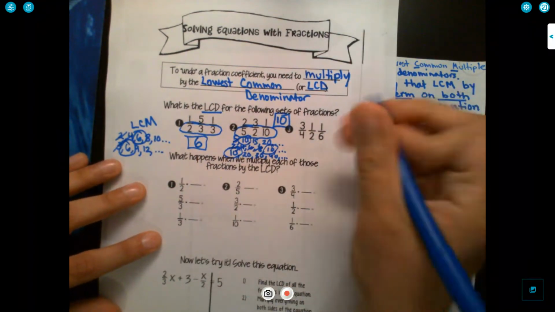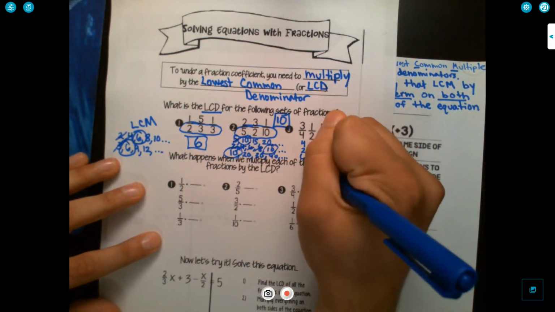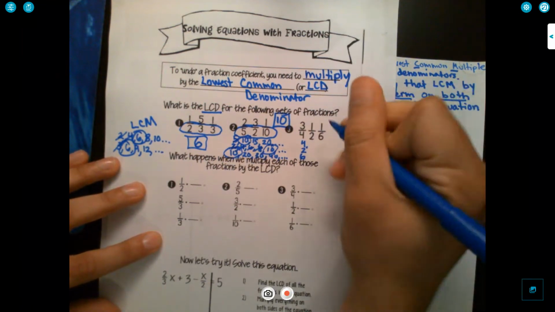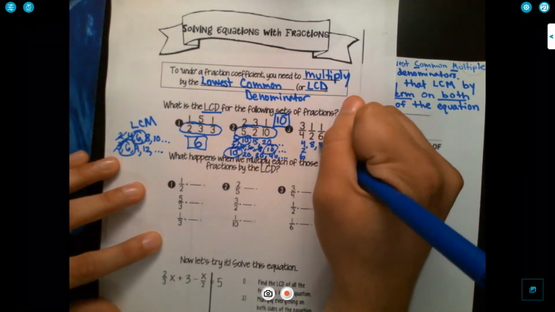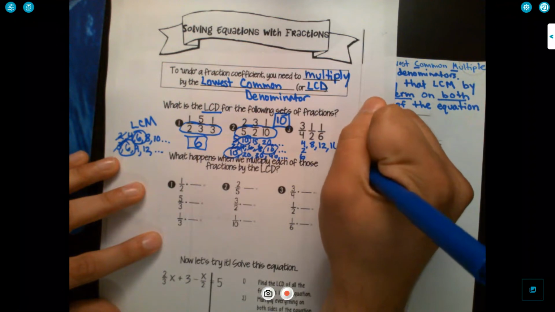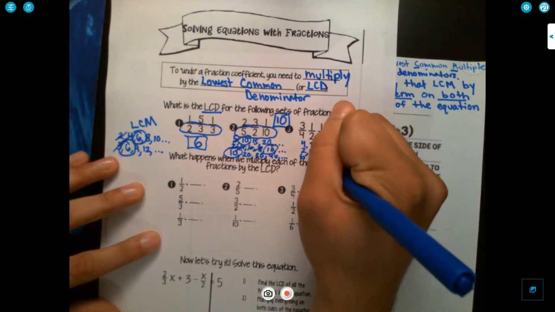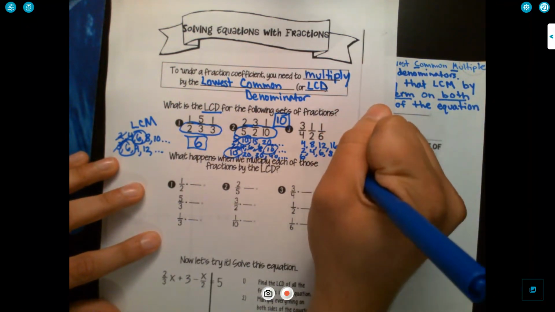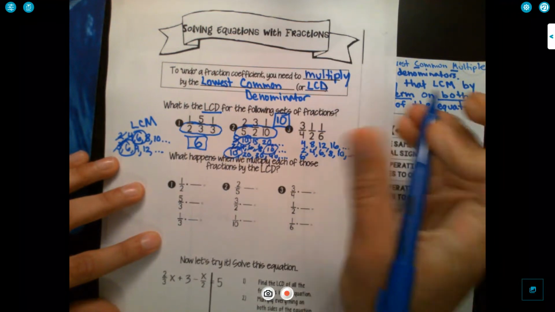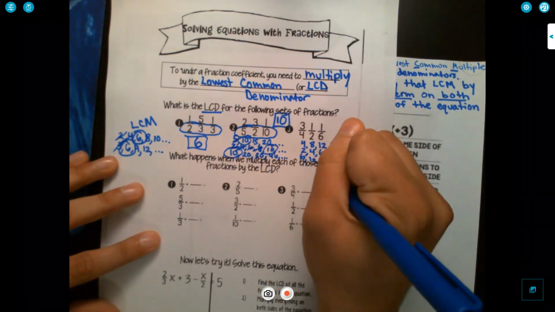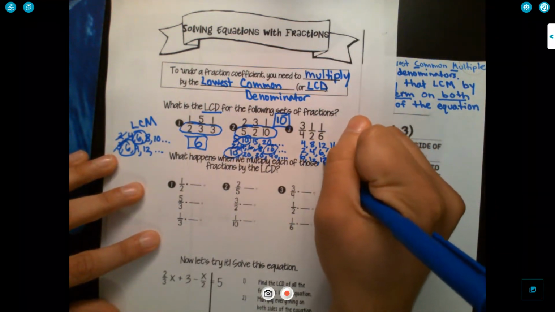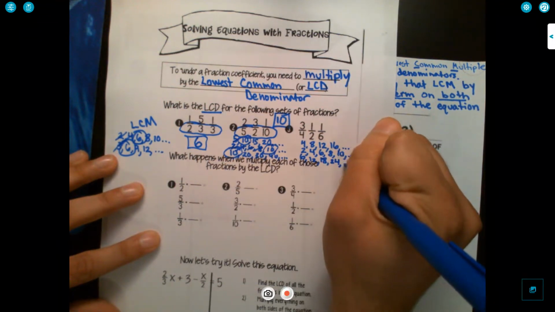Over here we have 4, 2, and 6. I'm going to count in multiples of 4: 4, 8, 12, 16, and so on. 2, 4, 6, 8, 10, and so on. And then 6, 12, 18, 24, and so on.